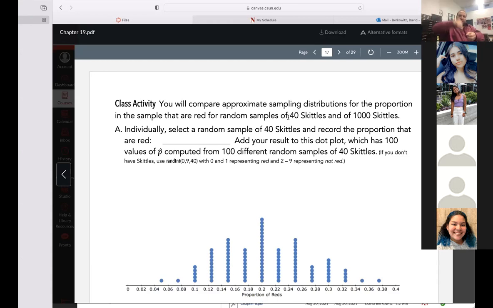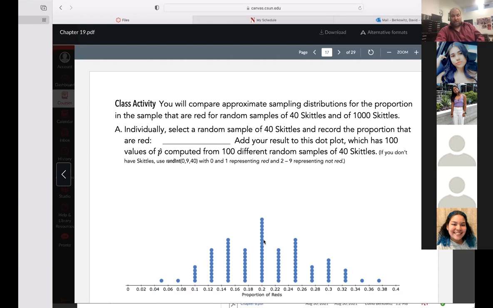So perhaps I went ahead and I took 40 Skittles at a time from this huge vat of all of their Skittles. And I took all of my samples and computed all of the proportions of reds in all of those things. I might get a dot plot that looks something like this.